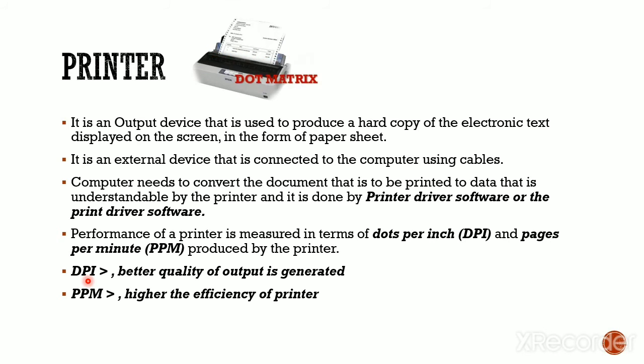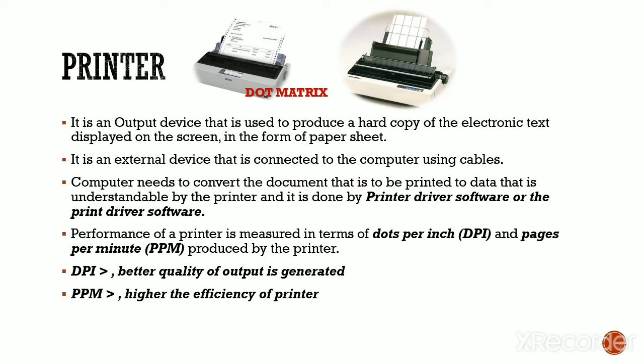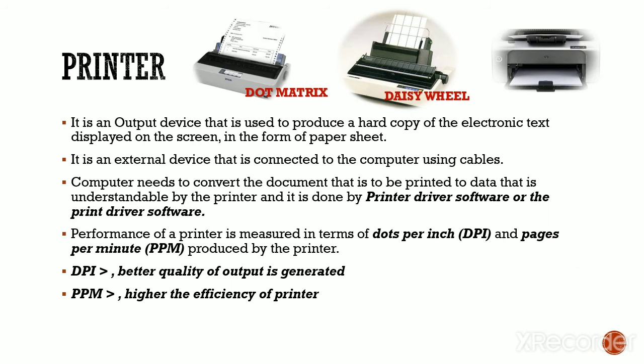Then we have given you a list of printers. Okay, the dot matrix printer, which is seen in hospitals for typing bills, and in some bigger industries or companies. Then the daisy wheel printer, then this is a laser printer, this is an inkjet printer.